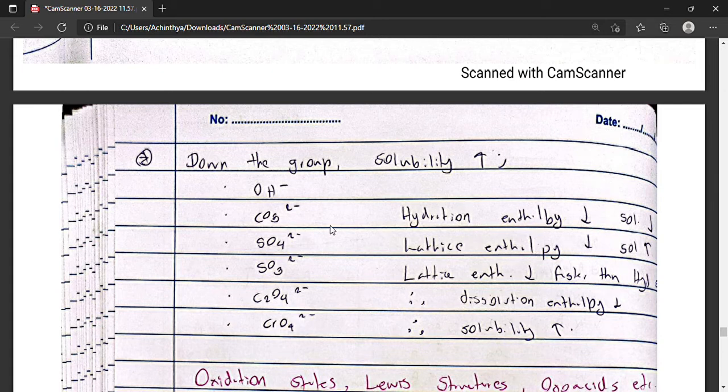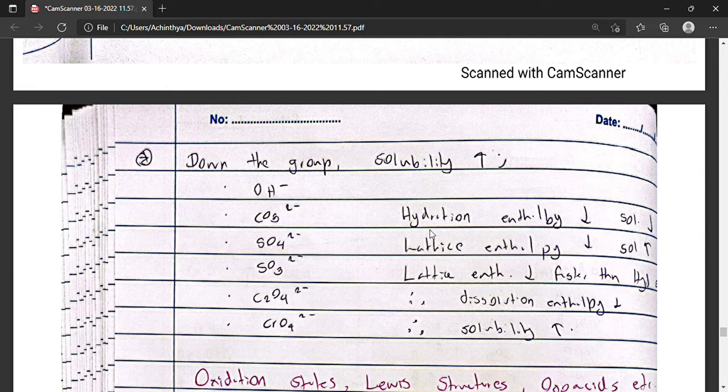So basically what happens, down the group the hydration enthalpy decreases, thus decreasing the solubility. Well, that's a bummer. The hydration enthalpy decreases, decreasing the solubility. But the lattice enthalpy decreases down the group, increasing solubility. So basically what happens, the lattice enthalpy decreases faster than the decrease of hydration enthalpy.